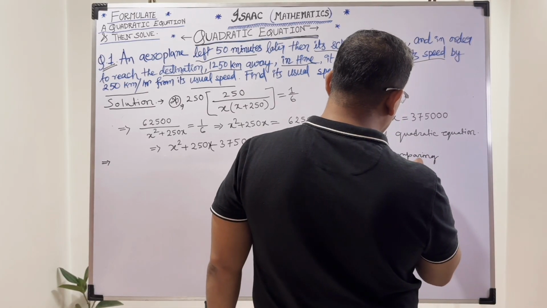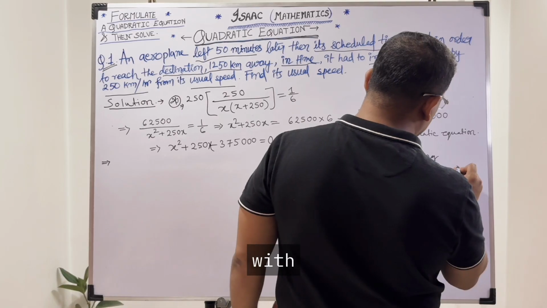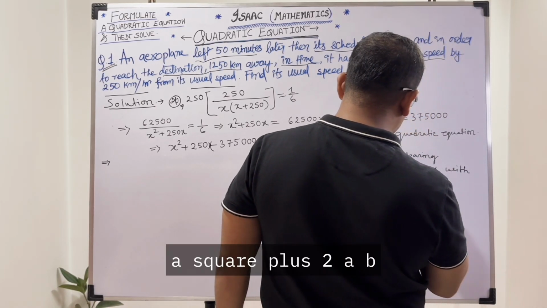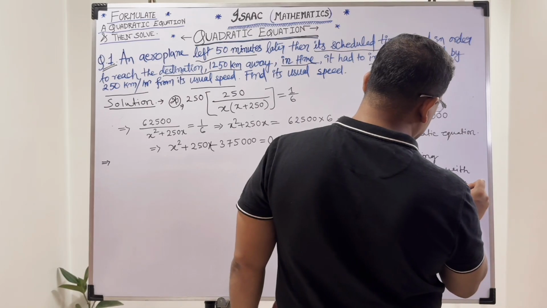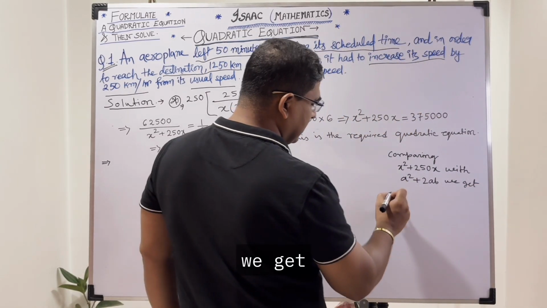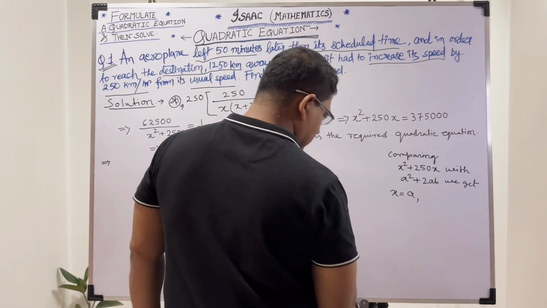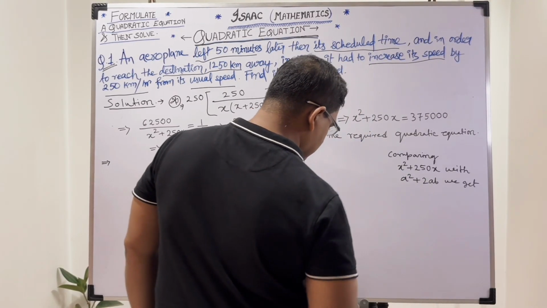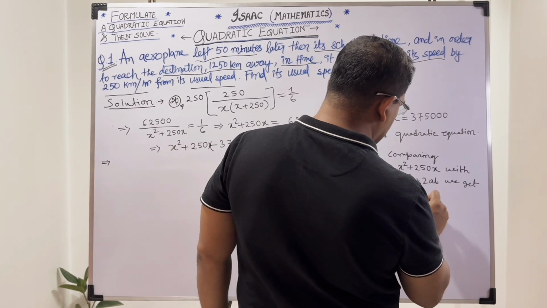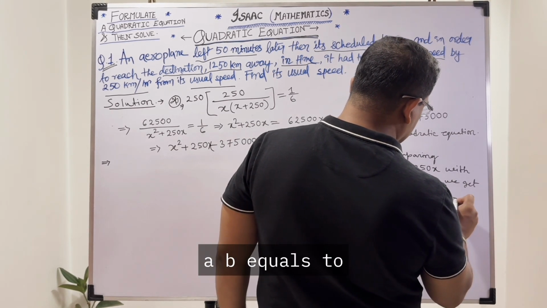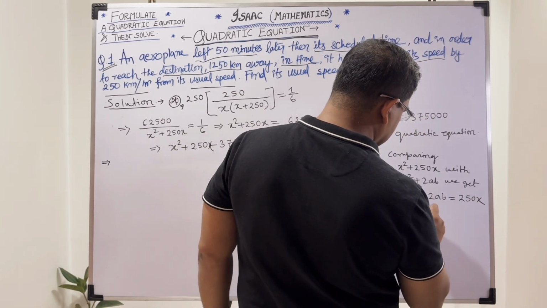Comparing x square plus 250x with a square plus 2ab, we get x equals a, or a equals x, and 2ab equals 250x.